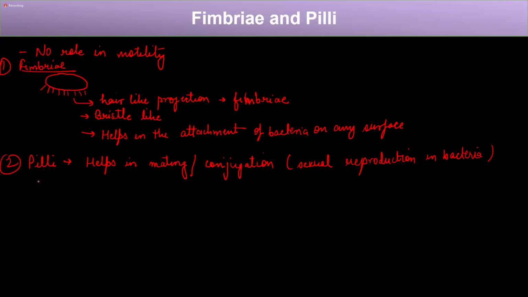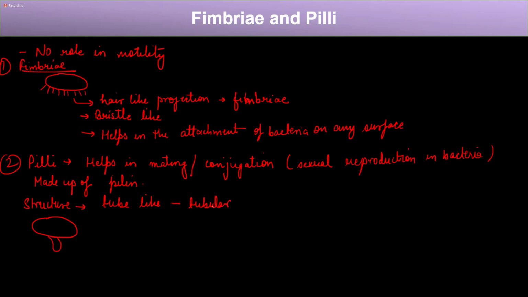Now what is it made up of? The pili is made up of a special protein called pilin. If we talk about the structure of a pilus, how does it look? It looks tube-like. Remember, in the last slide I drew it, the pili looks something like this. So it is tube-like, hence it has a tubular structure. Now, what does this bacteria transfer through this pili?